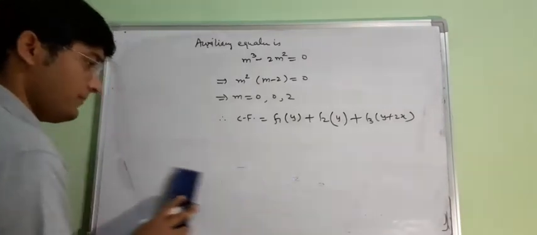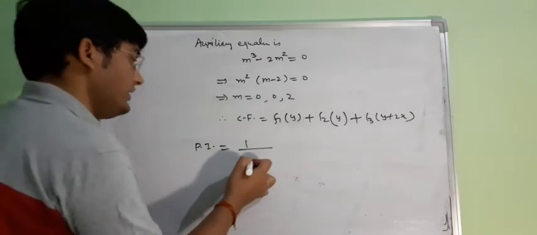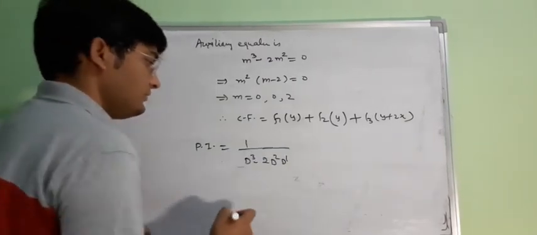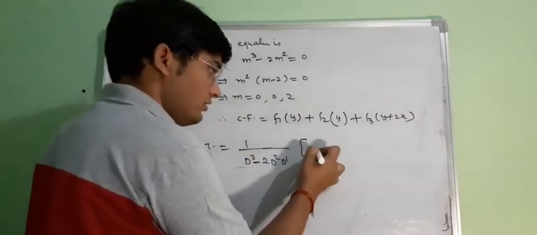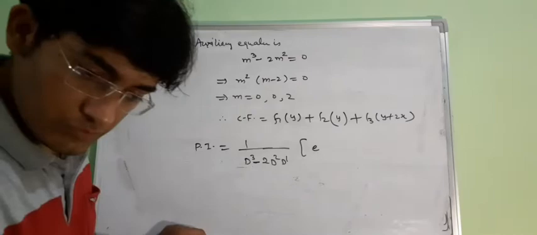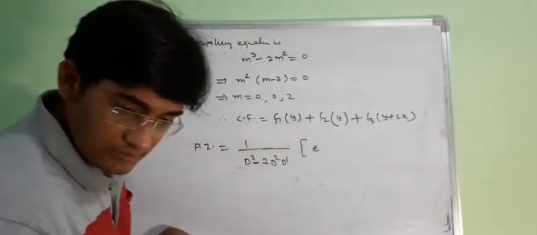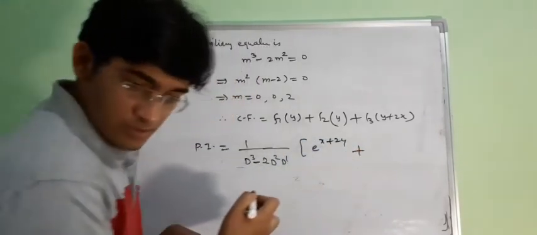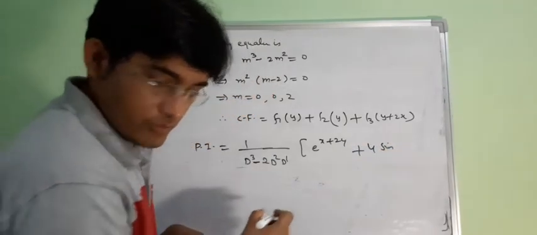Now PI, the particular integral will be 1 upon (D cube minus 2 D square D dash), in the bracket we have e to power x plus 2y, I think there was x plus 2y, and plus 4 sin x plus 4x plus y.